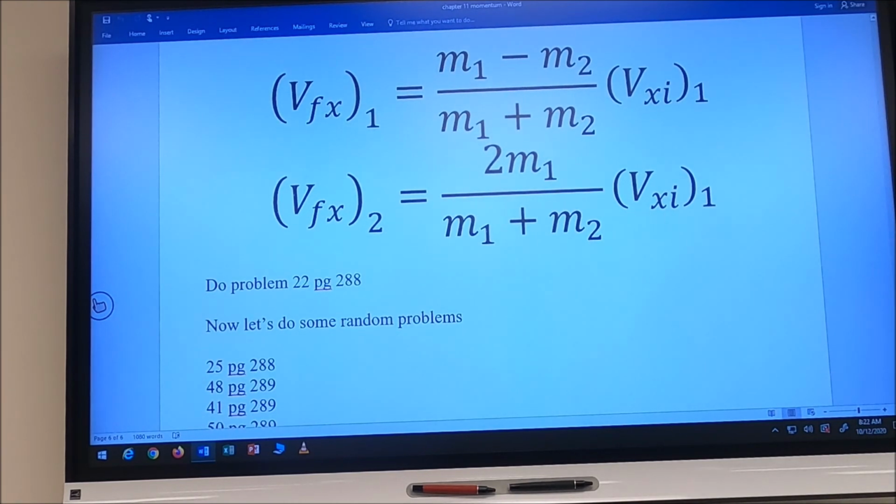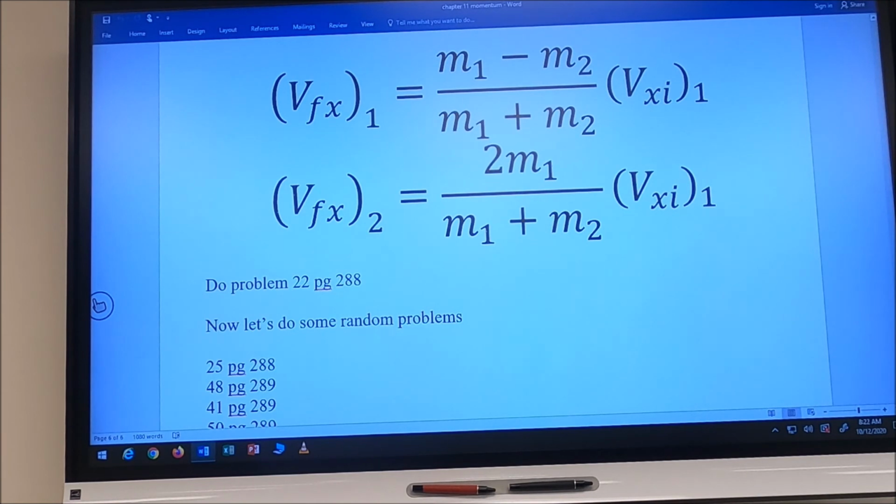V final x for object 1, the ball that was originally moving, is equal to (m1 minus m2) over (m1 plus m2) times Vx initial for object 1. The velocity final in the x direction for object 2 is equal to 2m1 over (m1 plus m2) times V initial in the x direction for object 1.